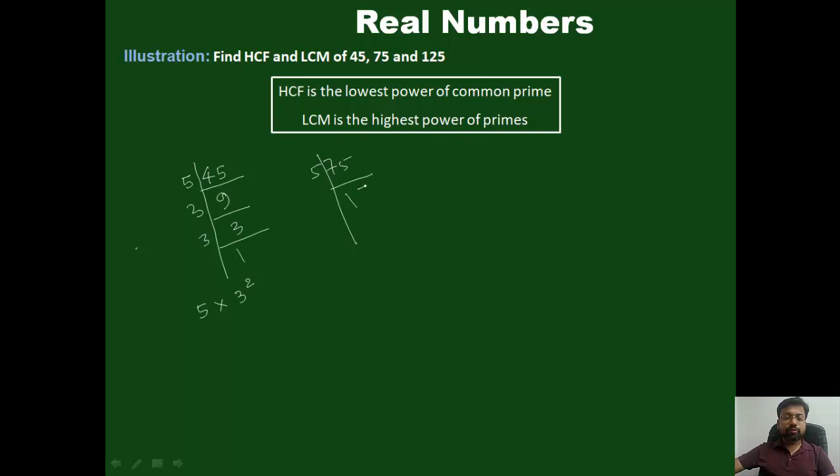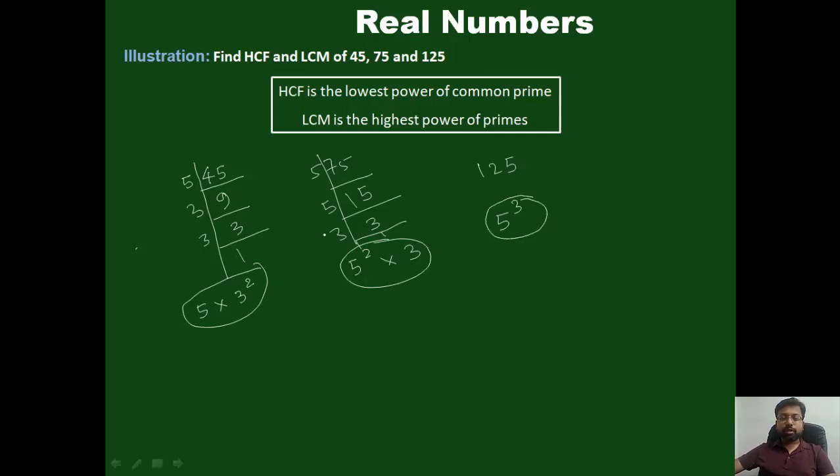You have 15, you have 5, 3. You have 5 square into 3. 75 is 5 square into 3. And then you have 125, which you find out is equal to 5 cube. So these are the prime factors for all the three numbers that we have considered. So using fundamental theorem of arithmetic, we have factorized the composite number into its prime factors.